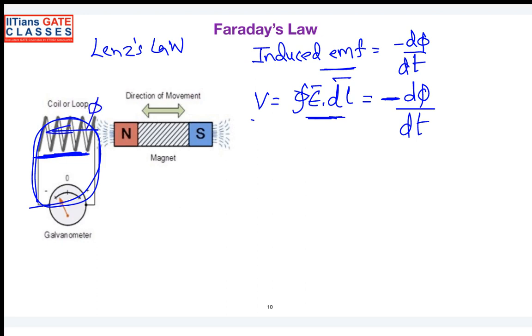Whatever the voltage you have created in this circuit, it is trying to oppose the generation of the flux from this magnet. So that is what is given by Lenz's law. The induced EMF always opposes the change in the flux, which is actually causing that voltage. So that is the reason why this negative sign is there.